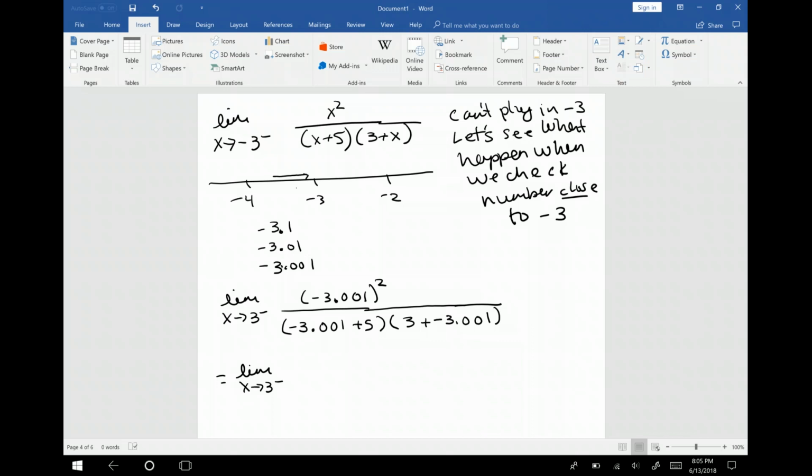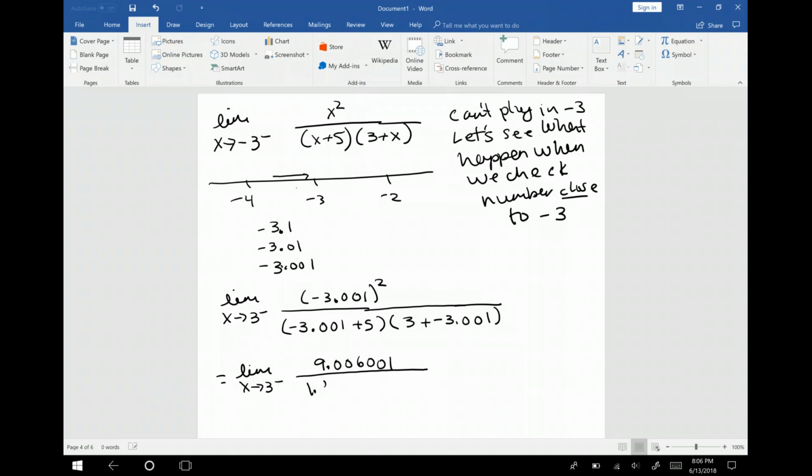You don't need to plug in the negative because you're just going to square, so it's going to be a positive number. 3.001 times 3.001. I plugged it into my phone and got 9.006001. Yes, that's what I got. And then in the denominator, we have two numbers. So we have negative 3.001 plus 5.